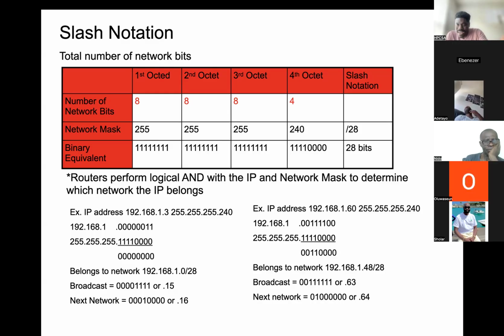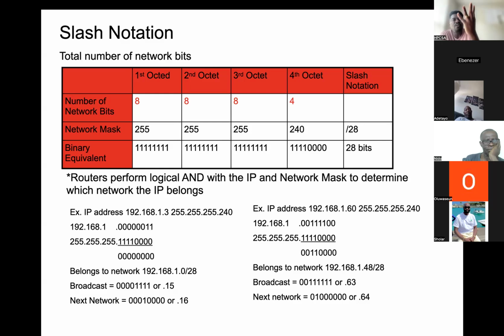Look at the last one, the binary equivalent. If you add 8 plus 8 plus 8 plus 4, it is 28. So it is a slash 28. Now, for the network mask, if you see in the chart, for each of the octets, if they are full, it is 255. The second one is 255, the third one is 255, but 255 is not on the fourth octet.